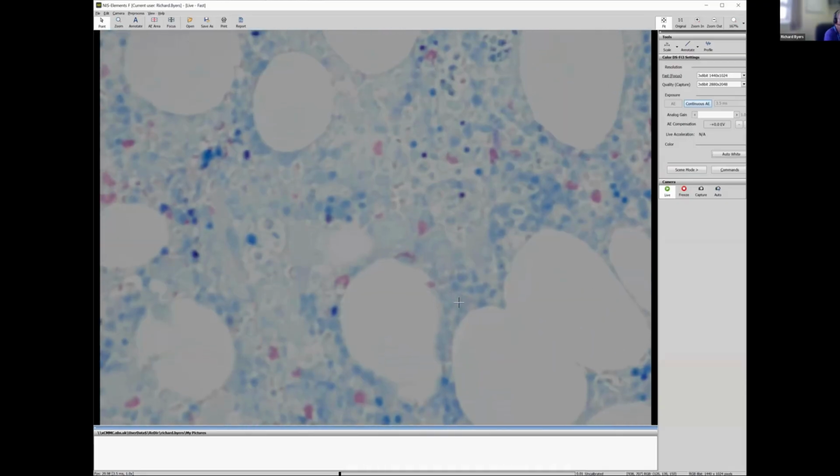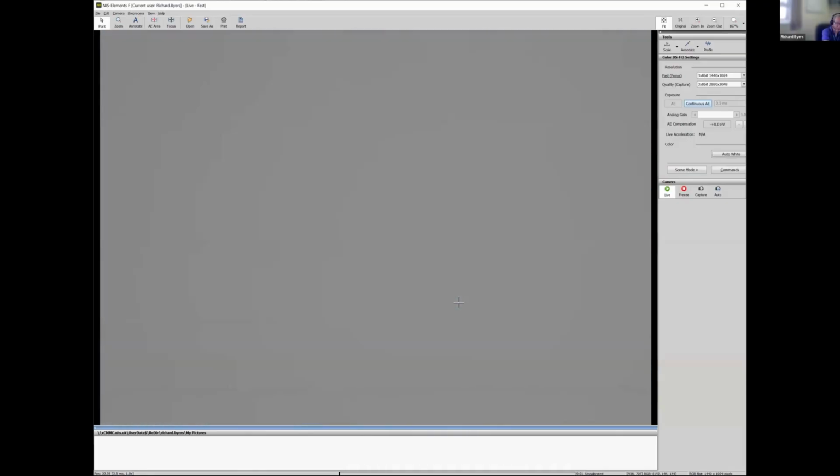So the question was whether this represented systemic mastocytosis or not. So what we did is reminded ourselves of the criteria. I'll just bring up those criteria to share a new screen. This is it. So here's the criteria.